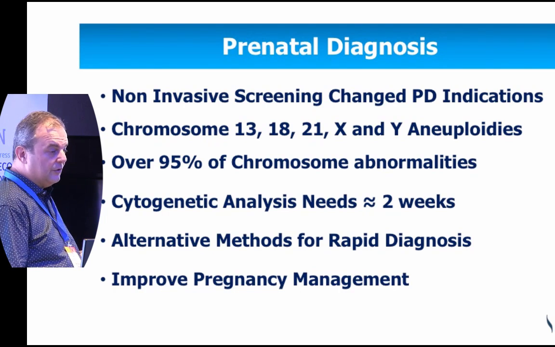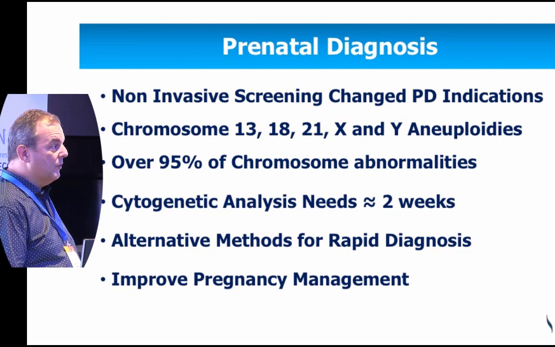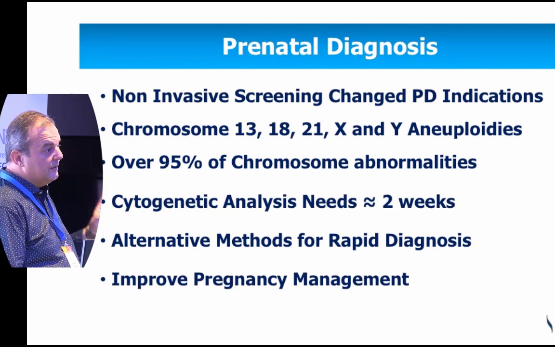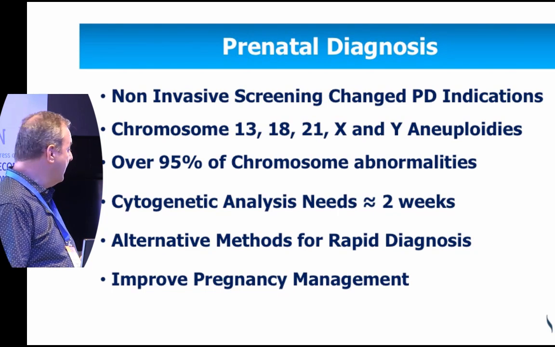At the same time, we know that chromosomes 13, 18, 21, X and Y are by far the most frequent chromosomal abnormalities in prenatal diagnosis, responsible, depending on indication, for 95% or even more of what can go wrong in a prenatal sample. Yet we are still stuck with cytogenetics and these 2 weeks of culture, which might delay therapeutic intervention.